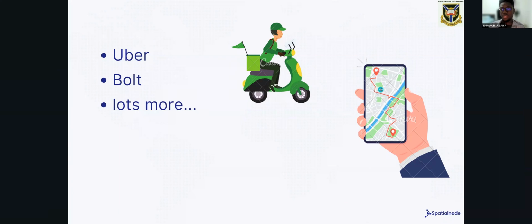So that geocoding system is more like, when you search for an address on Bolt and you start seeing results. So what's happening under the hood is geocoding. As you start to type your address, where you're going from and where you're going to, you start to see the results.